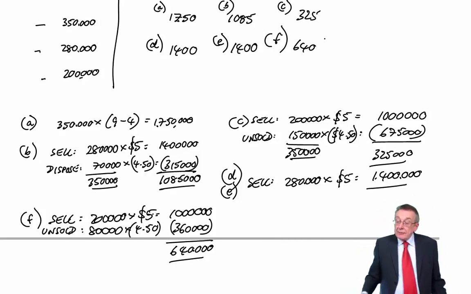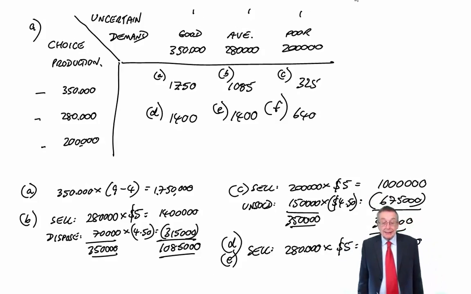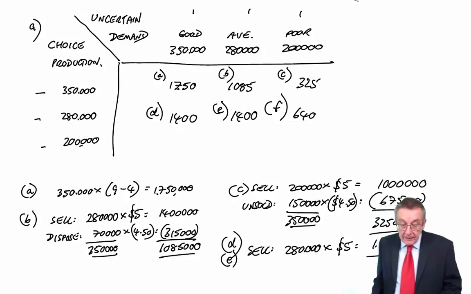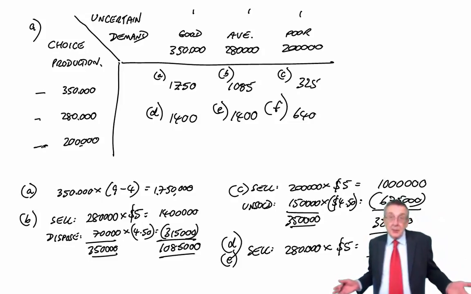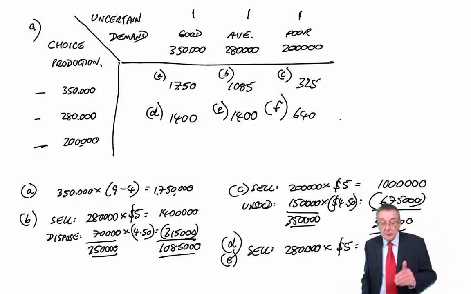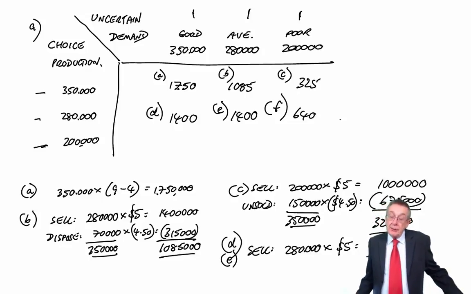All right, well, I think I've gone far enough, because if you've understood me so far, the remaining three I can actually write straight down. If you produce 200,000, the most you can sell is 200,000. And so whatever the demand is, whether it's 200, 280 or 350, you can't sell more than the 200 you made.